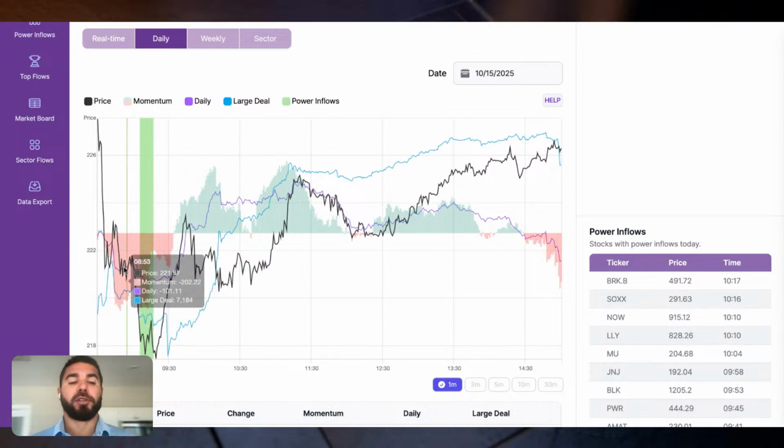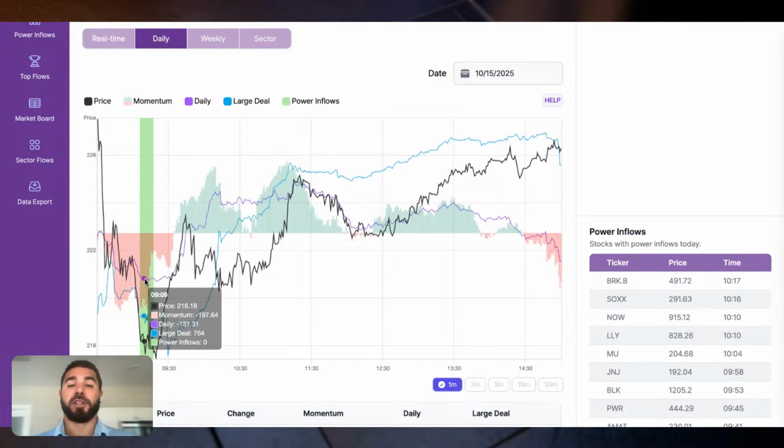You'll also notice the red shade here, the retail momentum flow we just talked about. That was pretty thick red here, meaning a lot of selling, more selling than buying on the retail side. And same thing with that institutional flow, the large deal flow data that we mentioned, the light blue line here. You can see how south that was going. So it was a sell-off at the beginning of the day for PGR, in the first hour of trading.